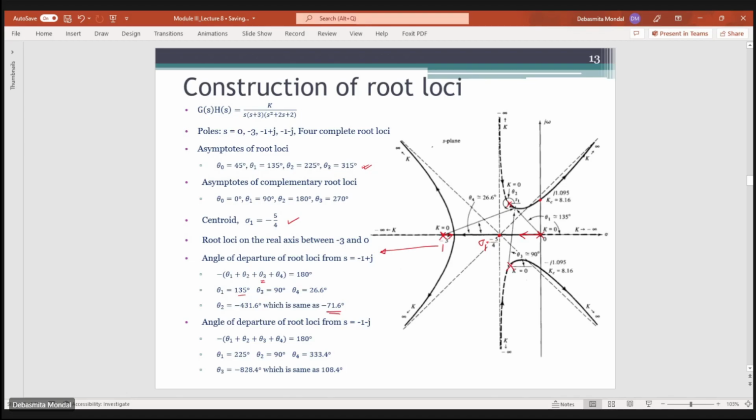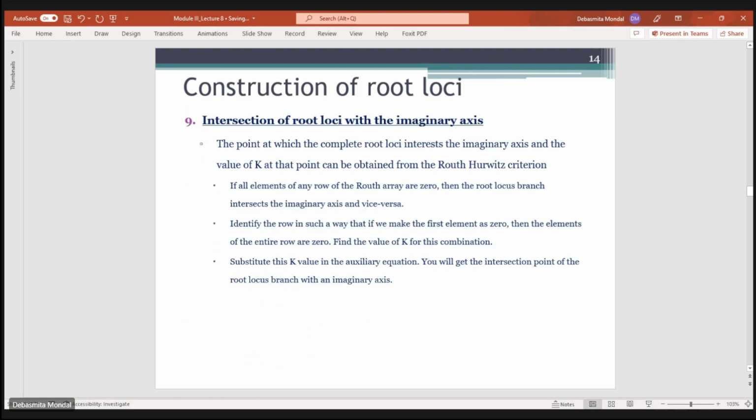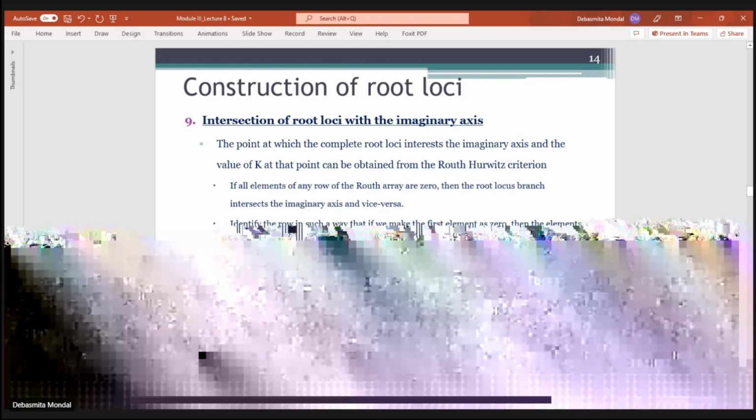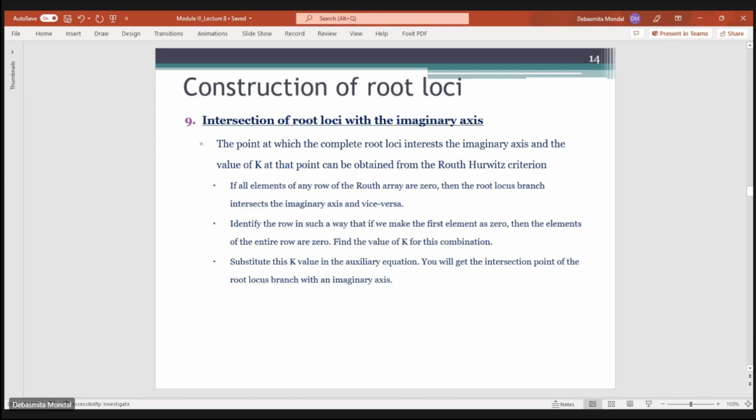This point of intersection of the root locus with the imaginary axis, and the corresponding value of the gain, can be found out from the Routh-Hurwitz criteria.